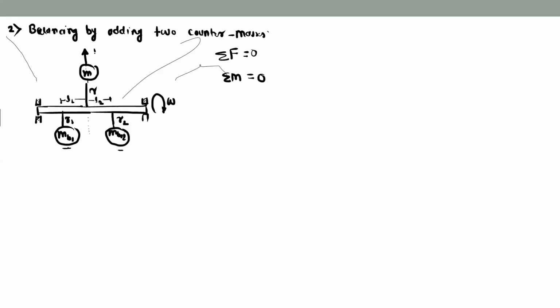This is the unbalanced force, which is m r omega square, and because of these counter masses, these are the counter forces, mb1 r1 omega square and mb2 r2 omega square.